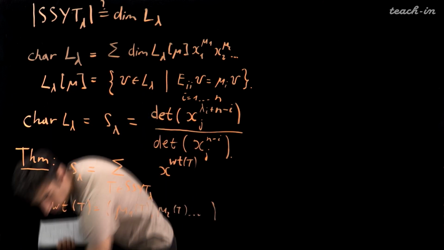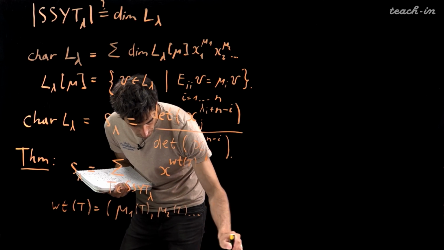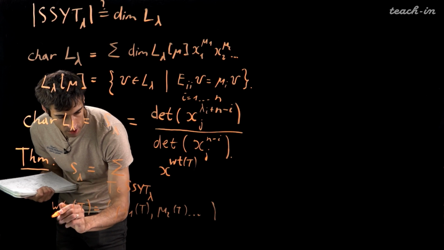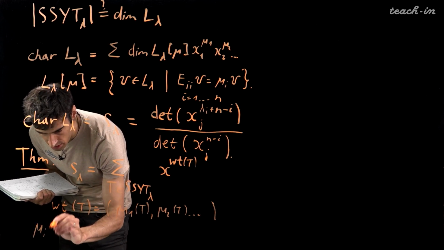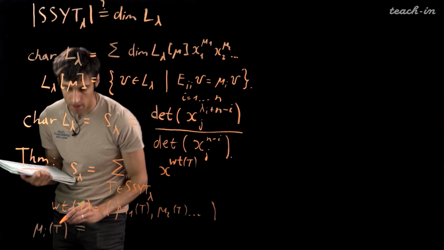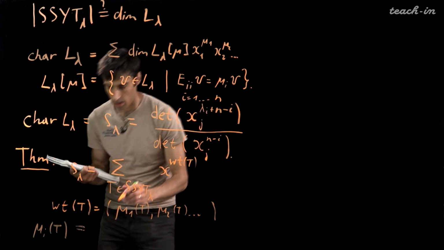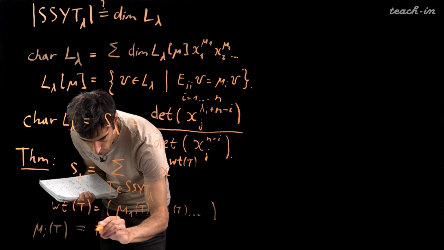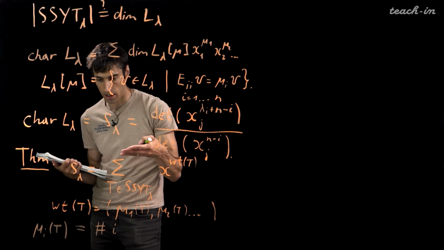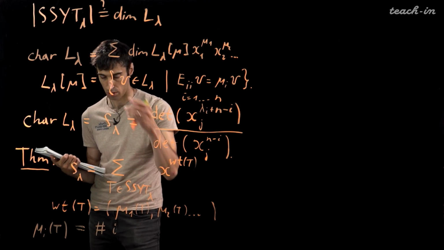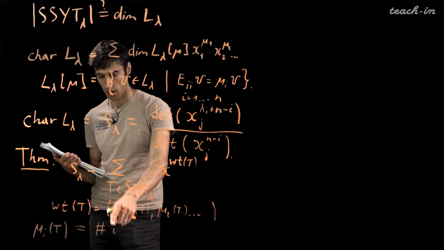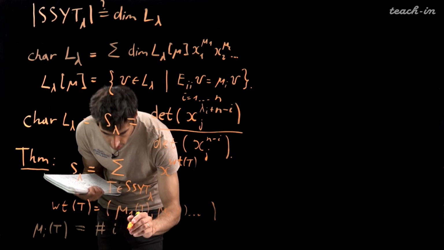And here mu I of T is the number of entries I in the tableau T. So you just count all boxes where you have I inside the box.